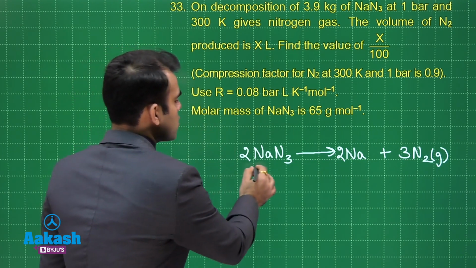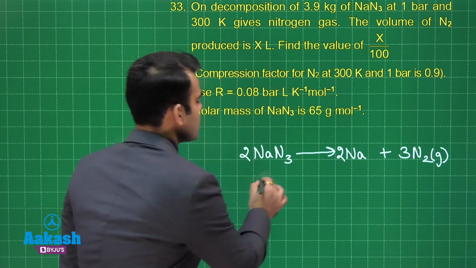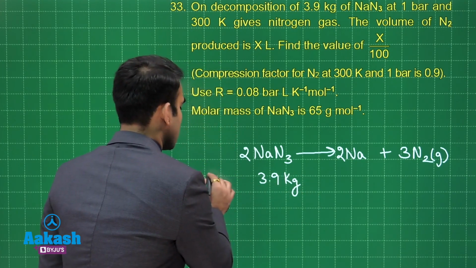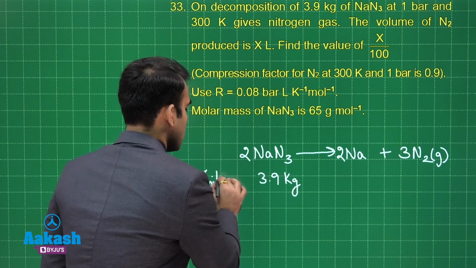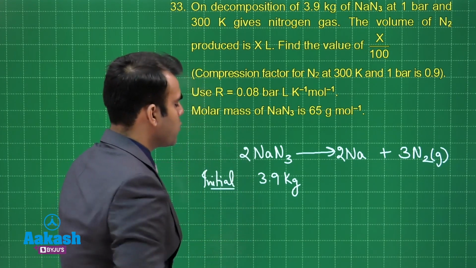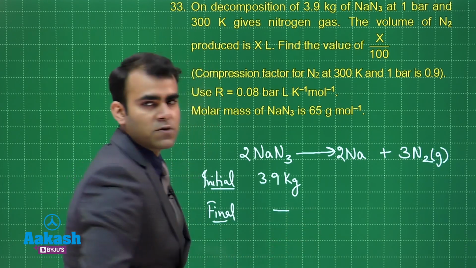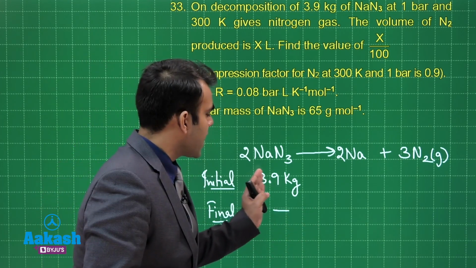Now, the mass of sodium azide that has been given to us is 3.9 kg. That has been the initial. And after the decomposition, finally, I can say we do not have this one. We have 3900 grams.